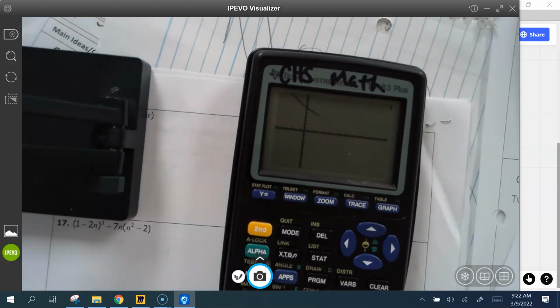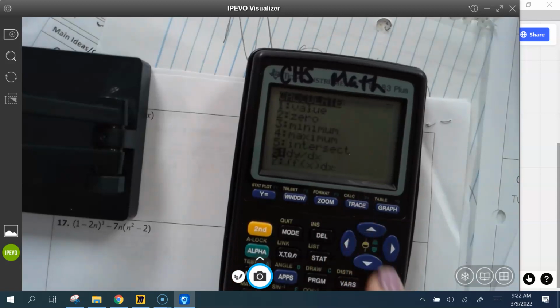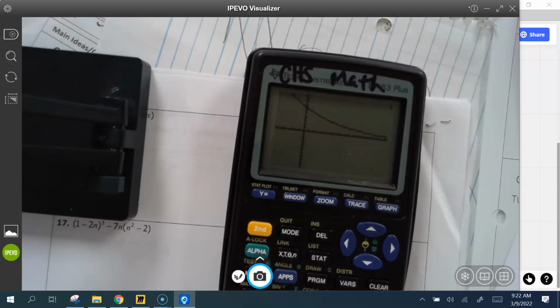I'm finding the integral from 0 to 30. Somebody's got the calculator I used. No? Okay.